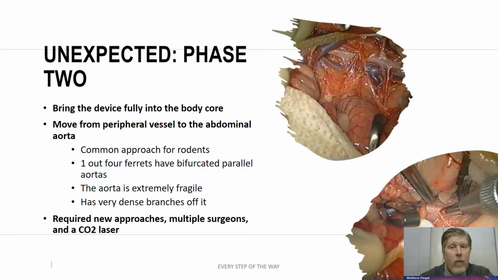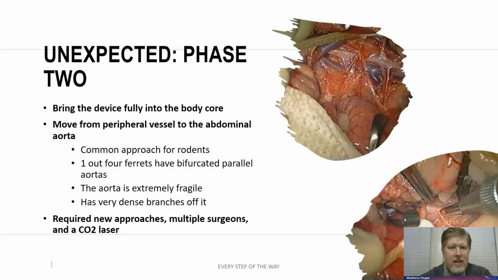So when we moved then into the body core, again, fairly common approach, use that for rodents all the time because their peripheral arteries are too small to cannulate. We found some more unexpected things, right? Because the animals that we work with, they don't necessarily read the anatomy textbooks.